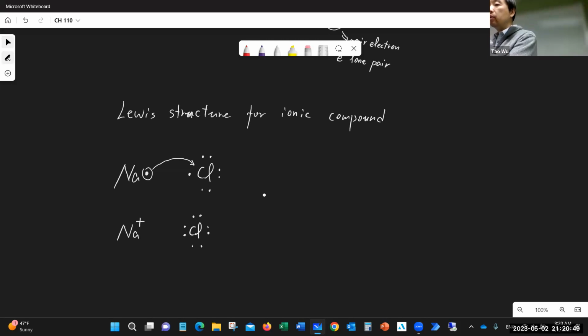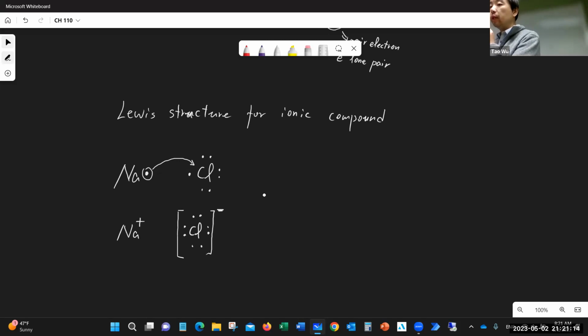The chlorine doesn't just gain the electron; besides gaining the electron, the chlorine also gains 1 negative charge. So you draw 8 dots around the chlorine, and meanwhile you need to show a negative charge for the chlorine.